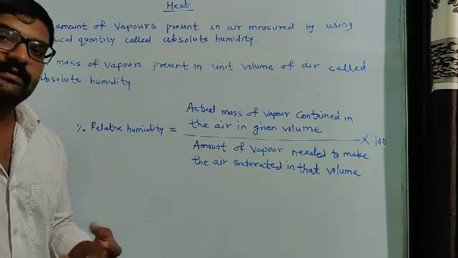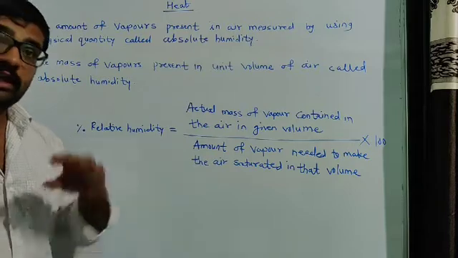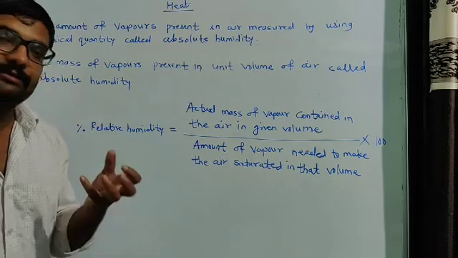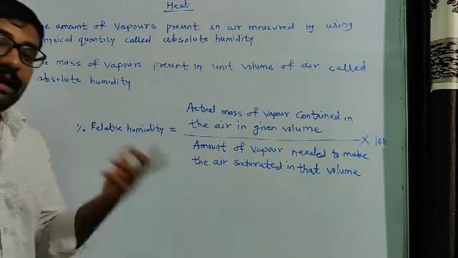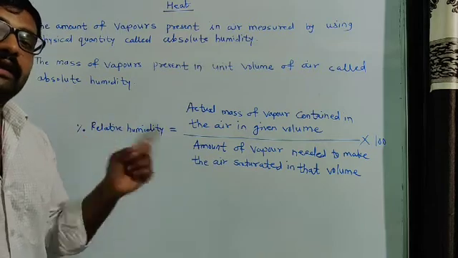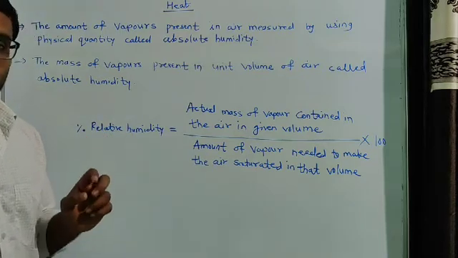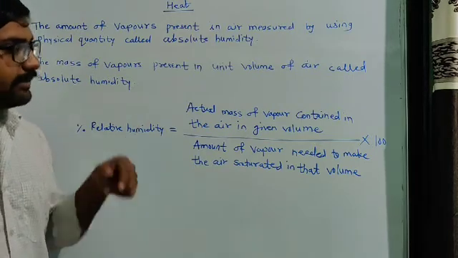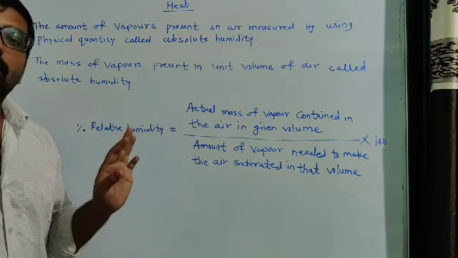In winter the temperature is very low, up to 10 degrees, 8 degrees, 7 degrees, so the water vapor needed to saturate the air is very little. That is why air gets easily saturated, and the excess water vapors present in air get converted into water droplets, and that we call dew. And that temperature where air becomes saturated is called what?